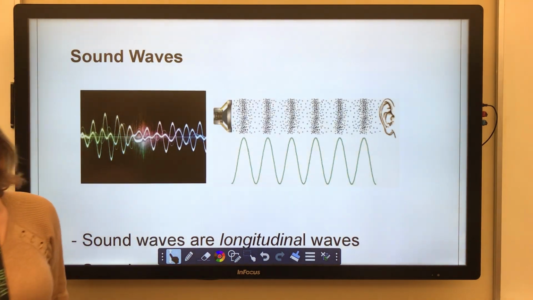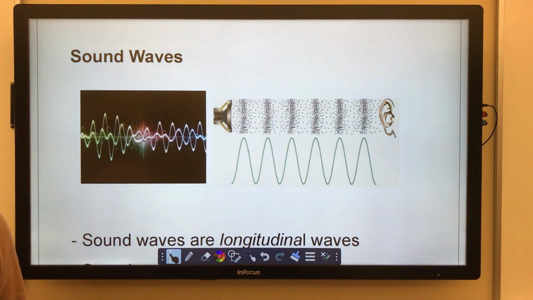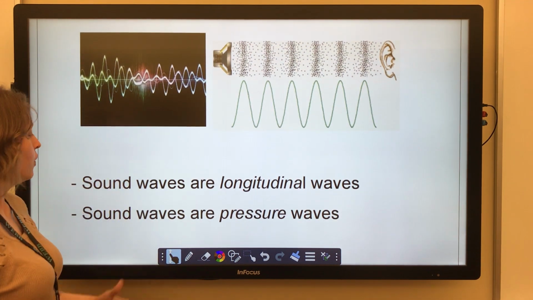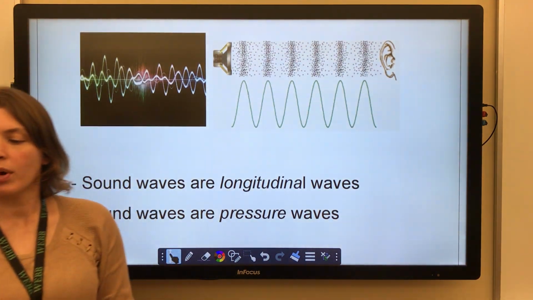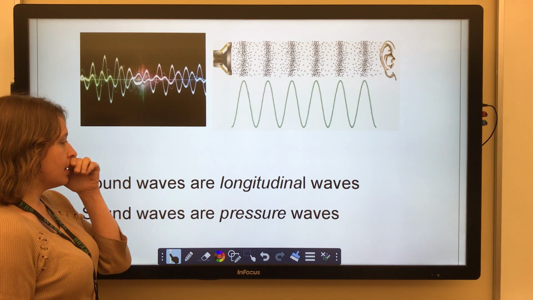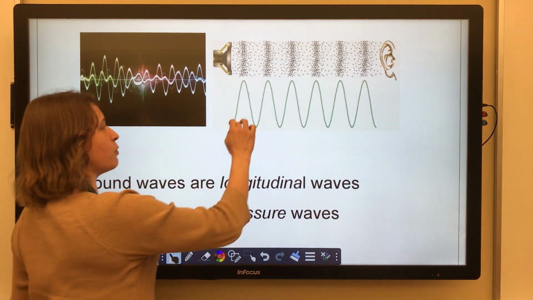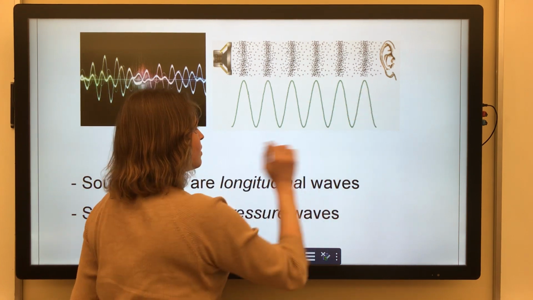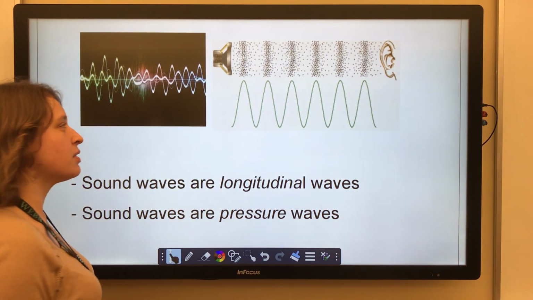Now, sound waves, in particular, are a specific kind of longitudinal wave or pressure wave that we're going to want to know a little bit more detail about. So I'm going to talk a little bit about sound waves. Notice that we often represent them with these up and down motions, those up and down lines that would make it look like it's transverse.